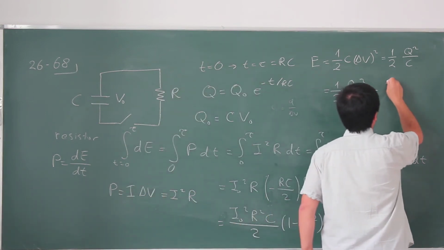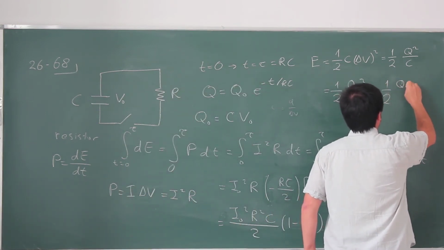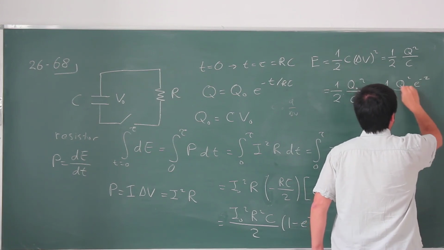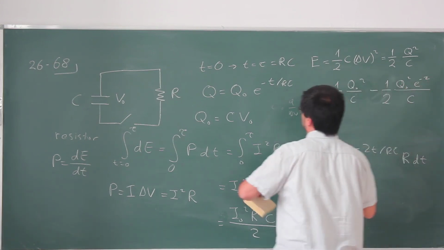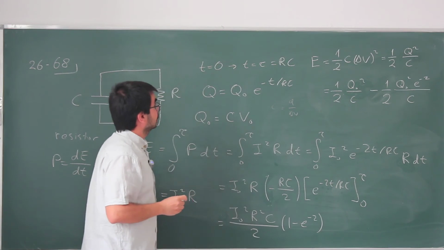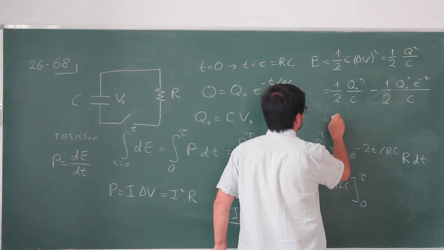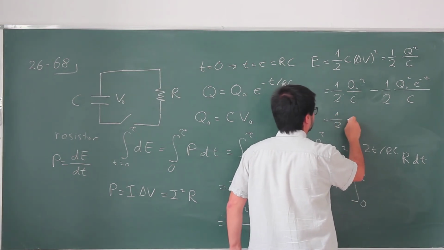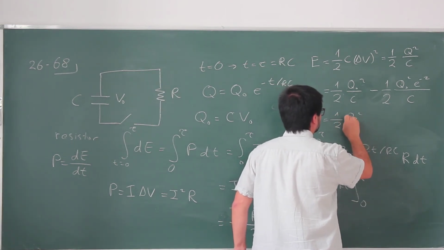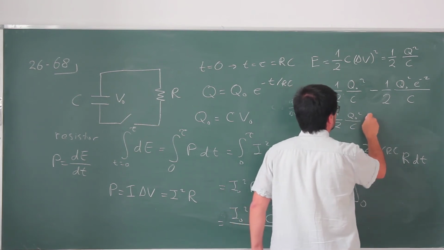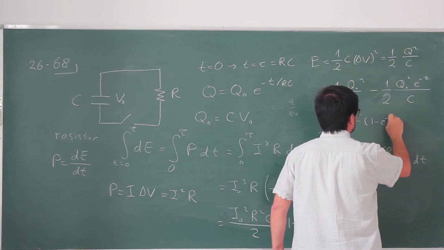So this is a half Q naught square e to the minus 2, this 2 coming from squaring Q naught times e to the minus 1. And if I write this, this is a half Q naught square over C, 1 minus e to the minus 2.